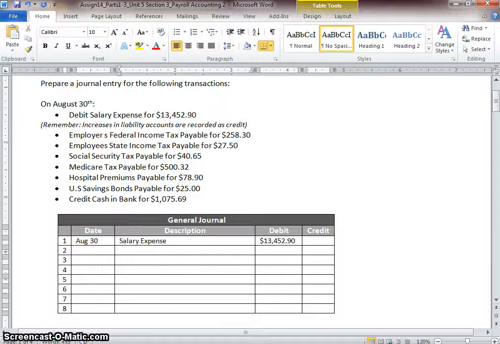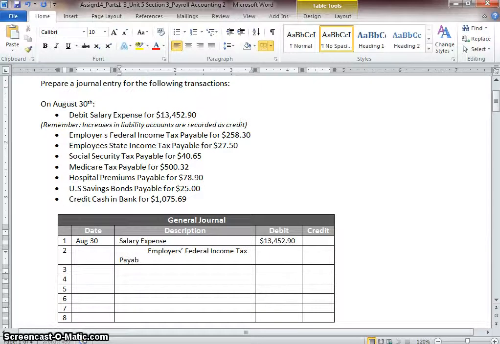Good. So our next one is going to be employers' federal income tax payable. And that amount is $258.30. So I record that over here in my credit column.